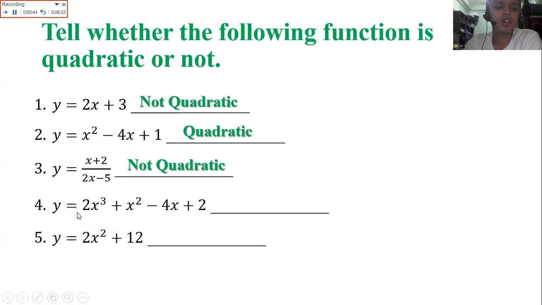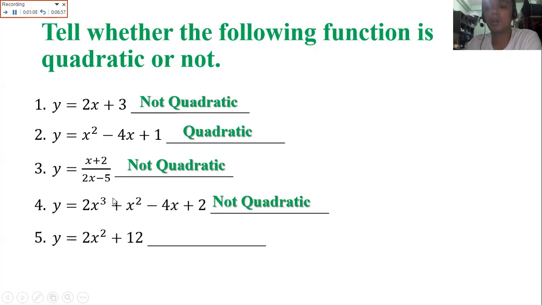Next, number 4, y equals 2x cubed plus x squared minus 4x plus 2. Is it quadratic or not? That is not quadratic. But sir, one of the x terms has an exponent of 2. But the highest degree, or highest exponent, we have in x is 3. Therefore, that is not a quadratic function.